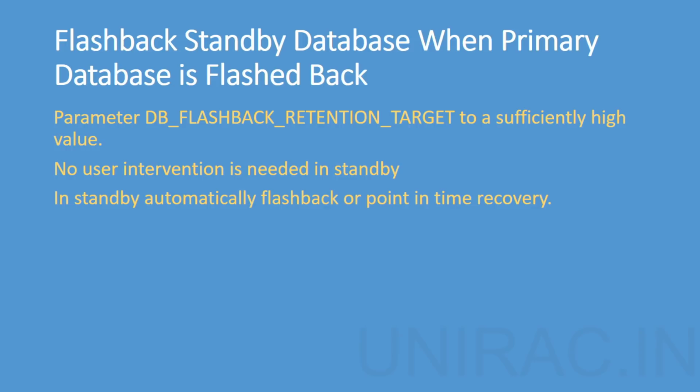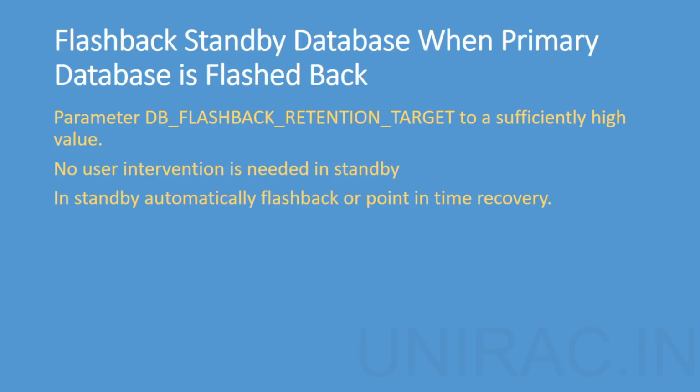Earlier, before 19C, additional steps were needed to do the same in standby if a flashback was done in primary. But from 19C, it does it automatically. For that we need to set the parameter db_flashback_retention_target.